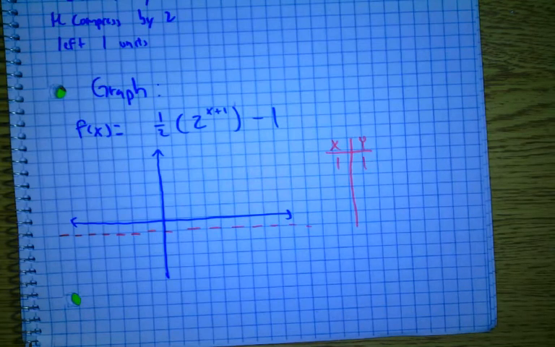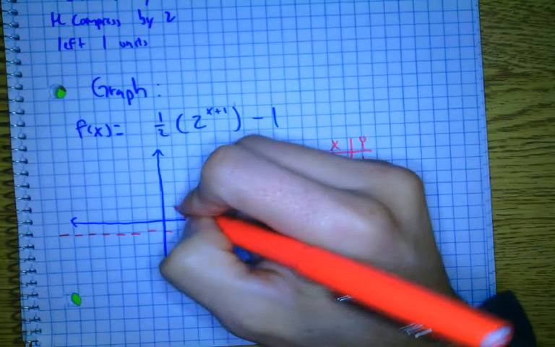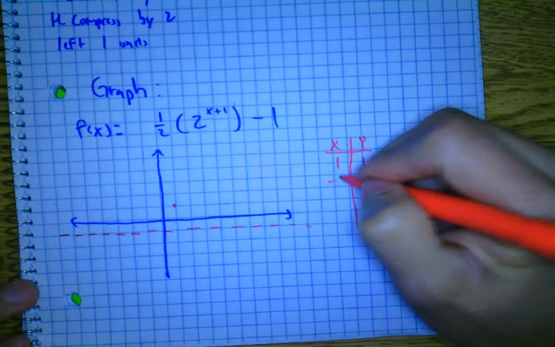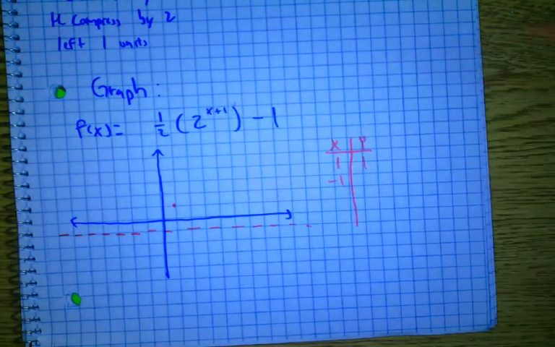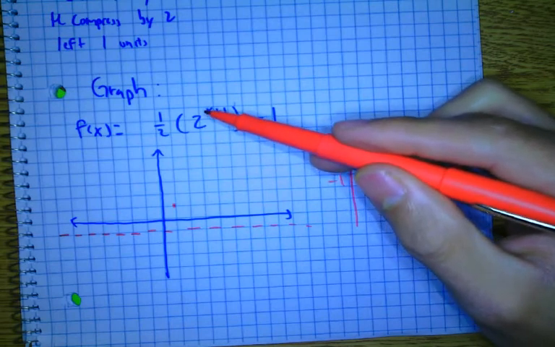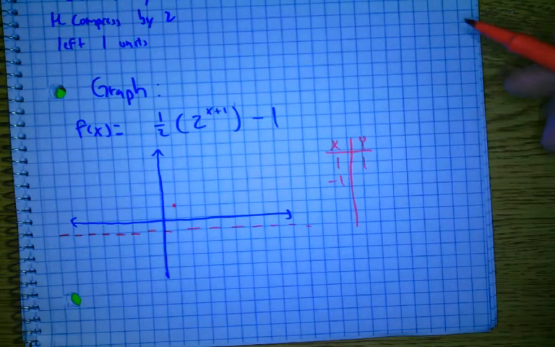What else do you want to try? I'm sorry? -1. Okay, -1. Okay, what's -1 plus 1? 0. What's 2 to the power of 0? 1. Okay, 1 times 1/2? 1/2. Minus 1? -1/2. So you have the point (-1, -1/2). So that'll be about right there.